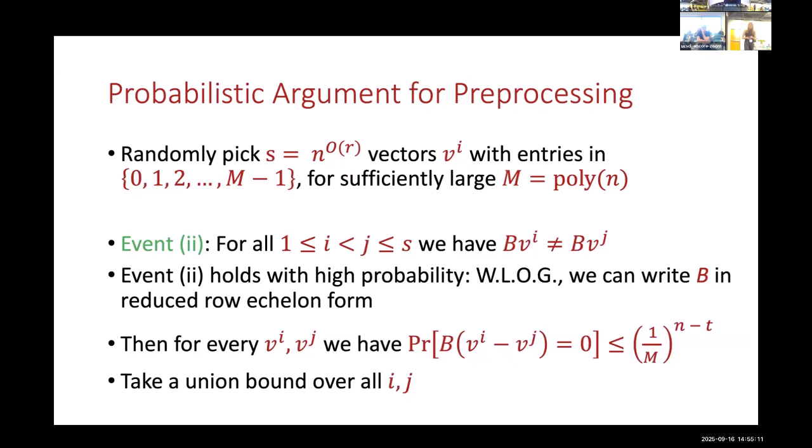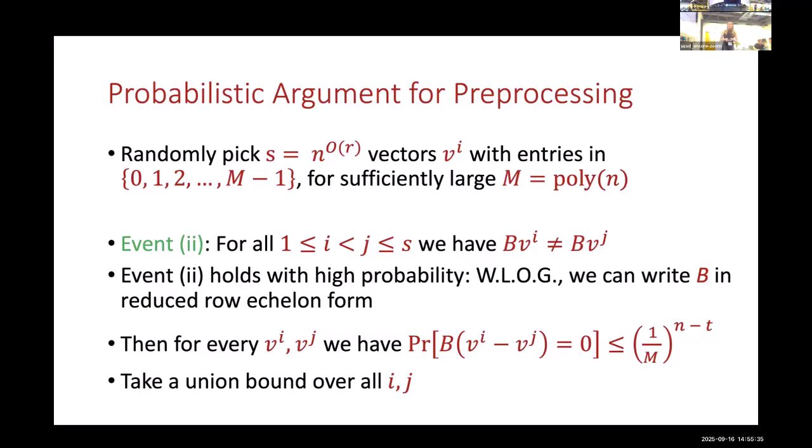The second event is that for all of the possible pairs ij, B times vi is not equal to B times vj. If I rearrange this, B times (vi minus vj) is not equal to 0. So vi minus vj will not be in the kernel of B, so it cannot be represented as a linear combination of all the previous vectors.